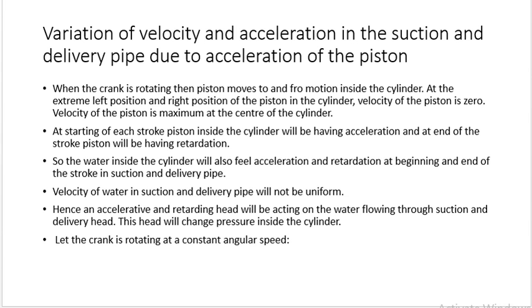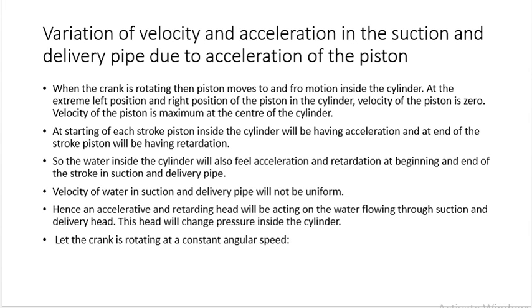It means crank moves theta is equal to 0 to 180 degree and then theta is equal to 180 to 360 degree. During the complete revolution of the crank, piston moves to and fro motion inside the cylinder.